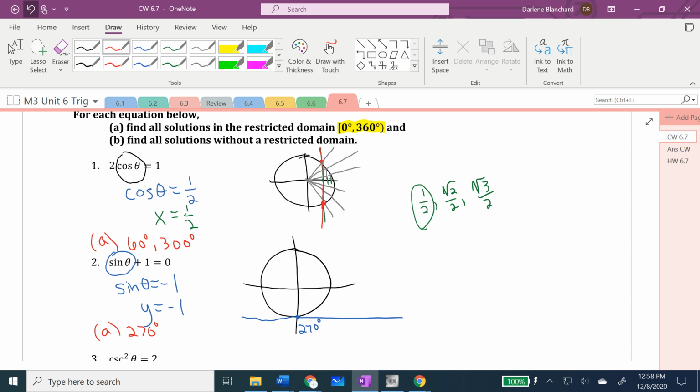And why did I say n? Because typically in trig equations, we use the letter n to represent all integer numbers.